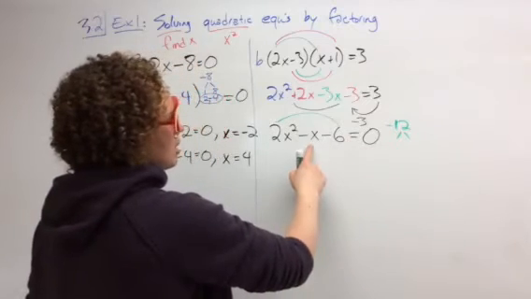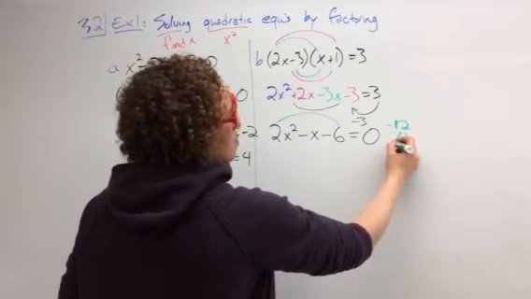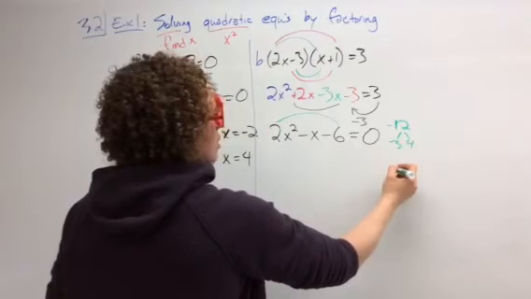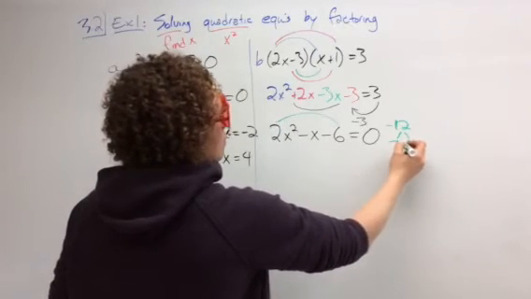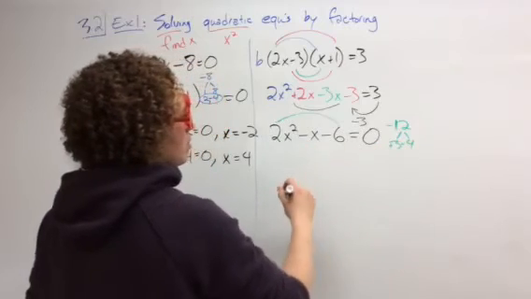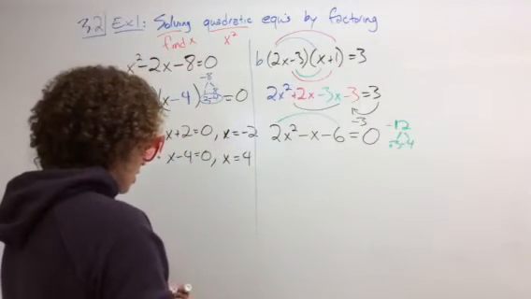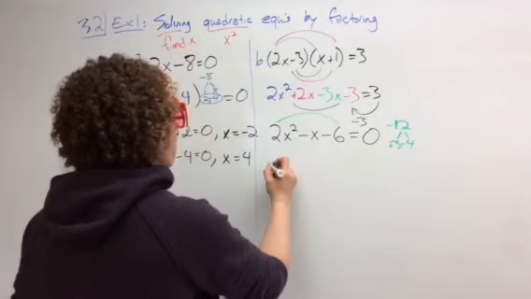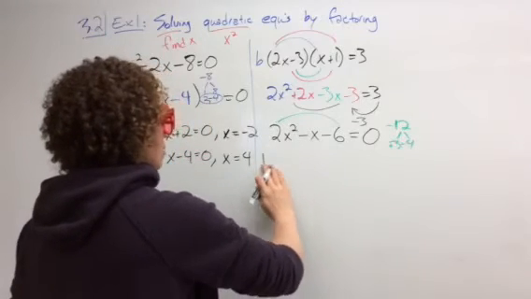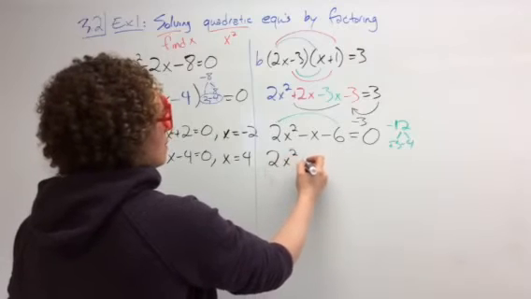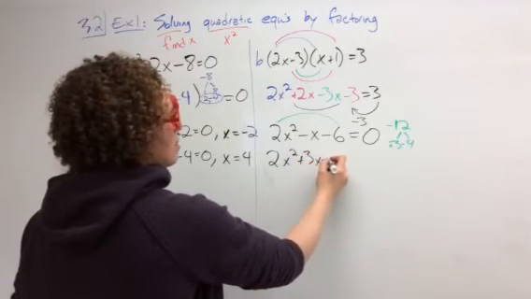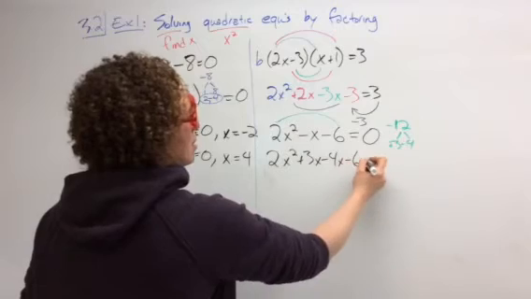Factors of negative 12 to get me negative 1 would have to be 3 and 4, with the 4 being the negative because it's the bigger one. So I'm going to set my brackets up then. Oops, sorry, not setting my brackets up yet, getting ahead of myself. I go 2x squared plus 3x minus 4x minus 6 equals 0.